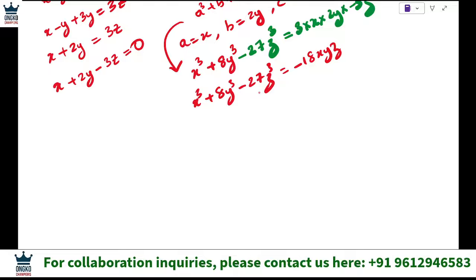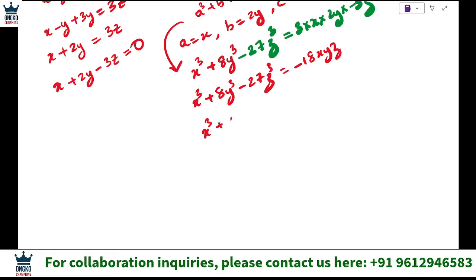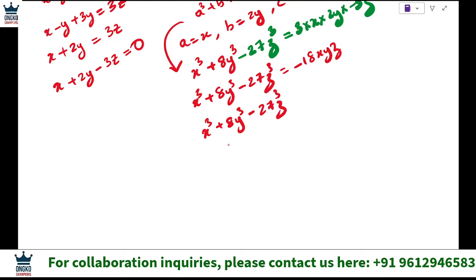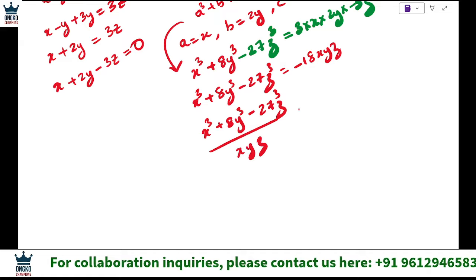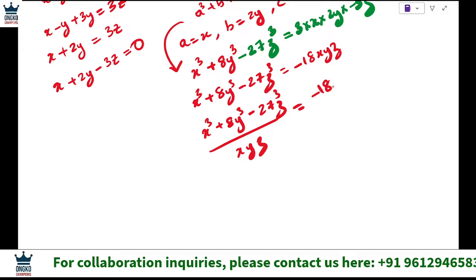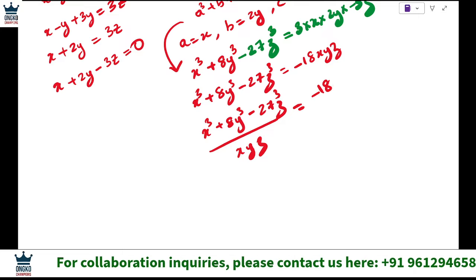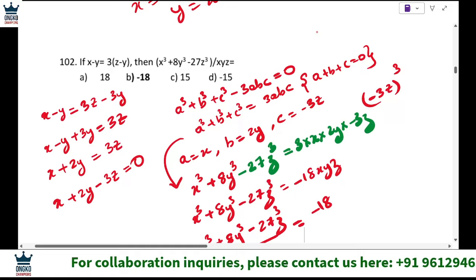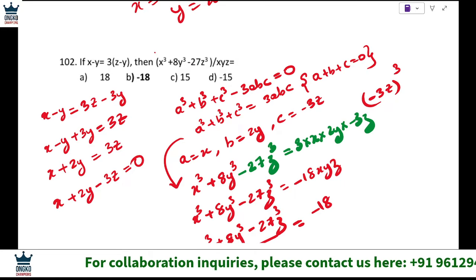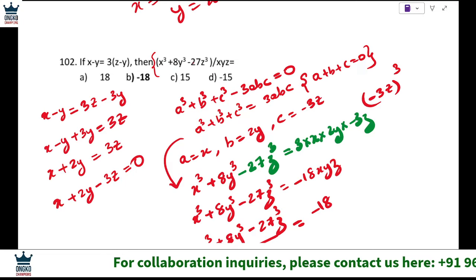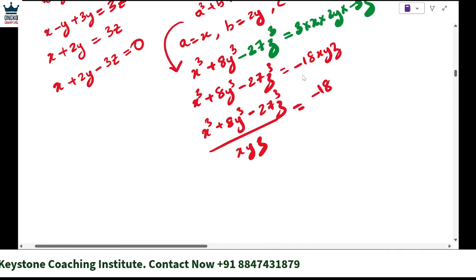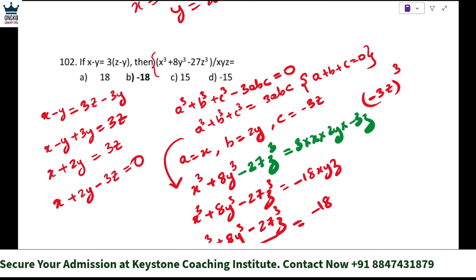Right, if we divide by xyz after evaluating it, then here x cube plus 8y cube minus 27z cube divided by xyz is equal to minus 18, because xyz will be divided. So dividing both sides by xyz. See, x cube plus 8y cube minus 27z cube divided by xyz, so we're getting minus 18. So the answer is minus 18.